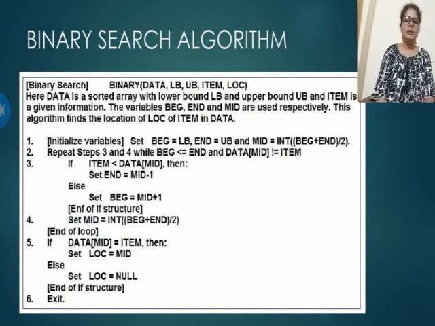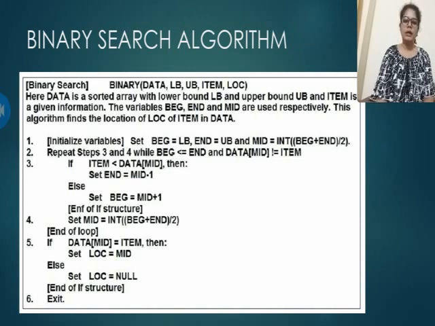Now again look at step number 3. If item is smaller than data mid, it means the item must reside in the left portion of the list. In that case the beginning remains the same and we have to change the end. The formula to change the end is end equal to mid minus 1. The else part is item is greater than data mid.